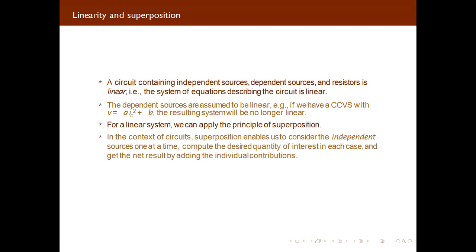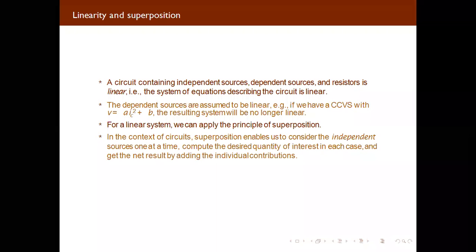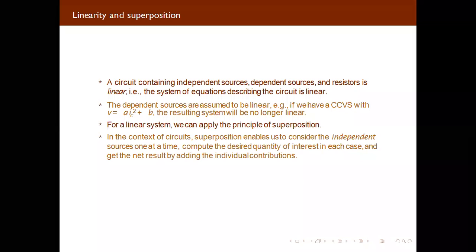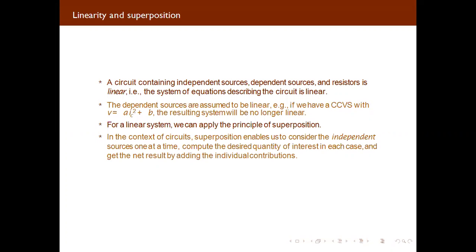So the superposition theorem is used to find the value of voltage across any branch in a circuit which consists of impedance and more than one independent energy source, because by using the linear superposition theorem, we consider only one energy source active at a time.